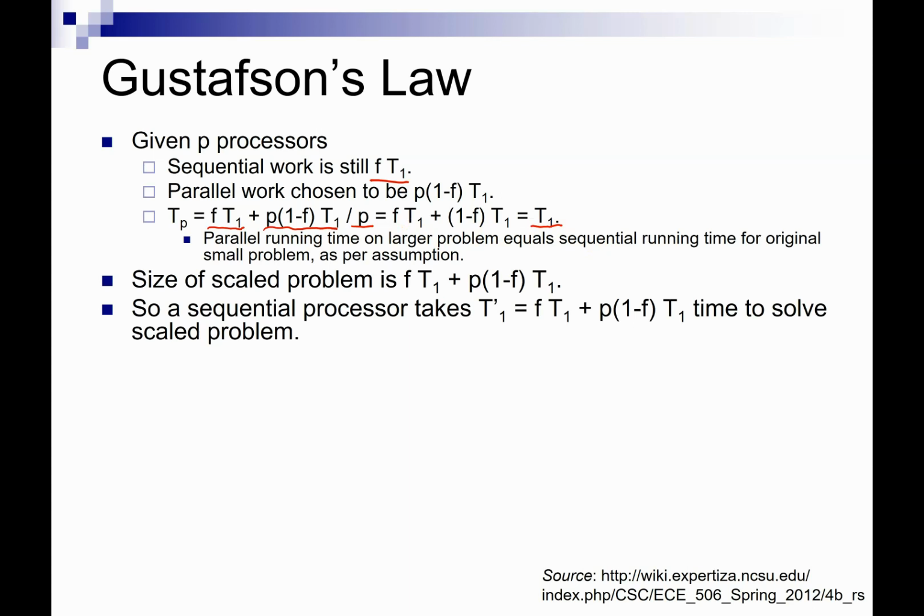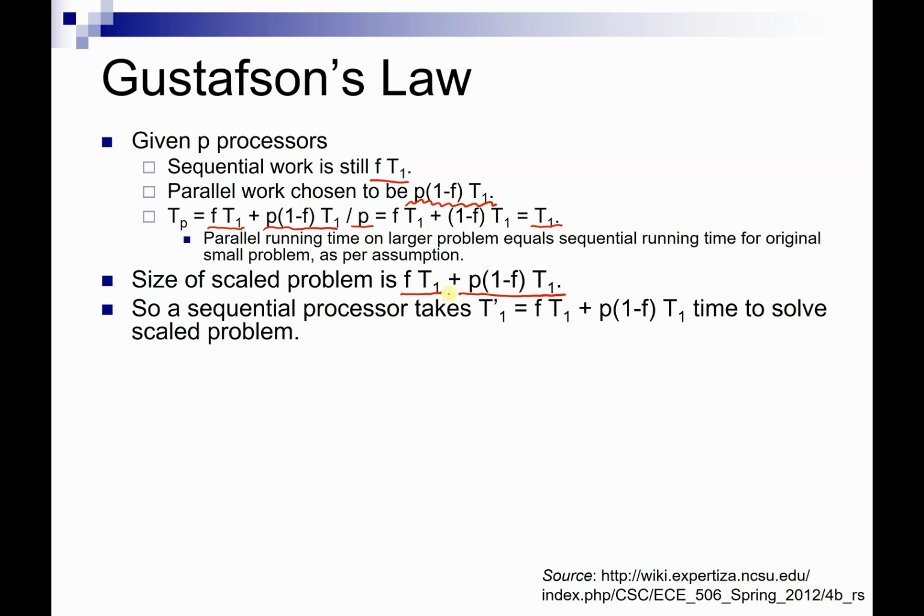Okay, so now once we know how much parallel work we have to do, we can look at the speedup that we're getting. Because the size of the scaled problem is going to be the sequential part plus the amount of parallel work. The amount of parallel work, again, is this much. Now, if you try to solve the scaled problem on a sequential processor, how much time is it going to take?